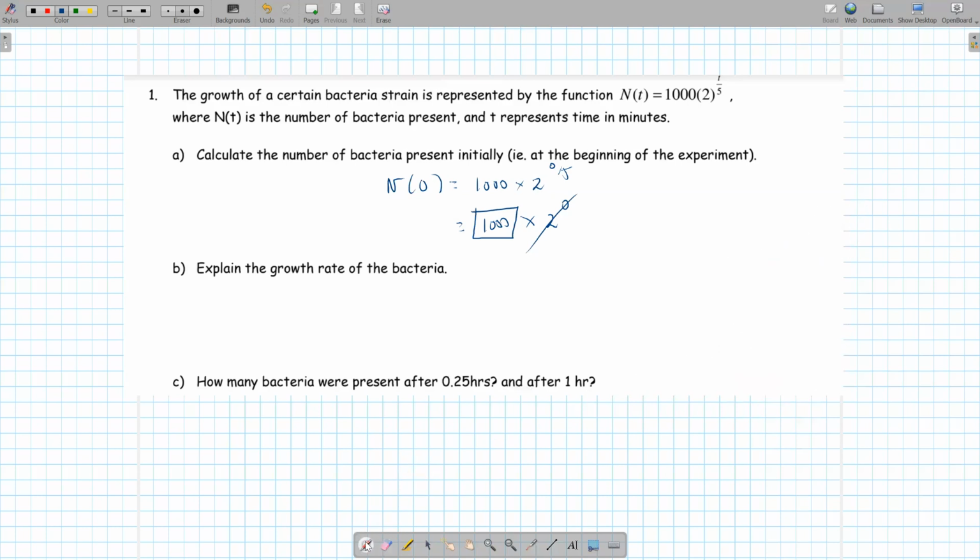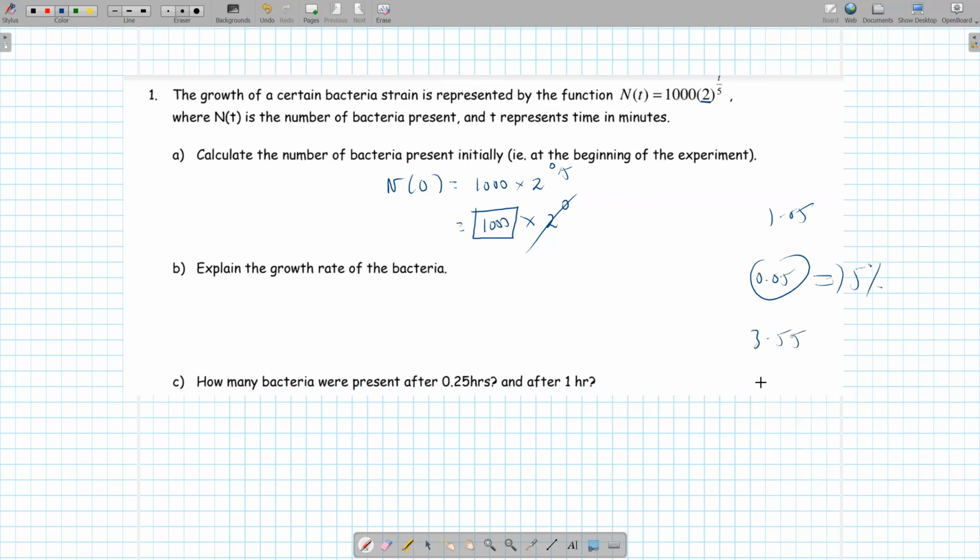Cool. Calculate the exponential growth rate of bacteria. So that means what got added to this? This is initially 1, okay? What did we add to that? For example, here, the growth rate would be 0.05 or 5%.